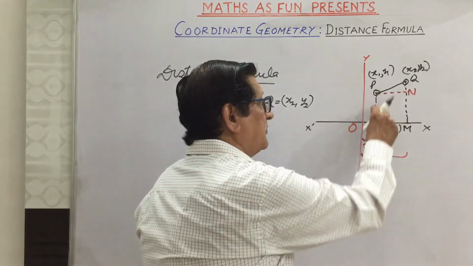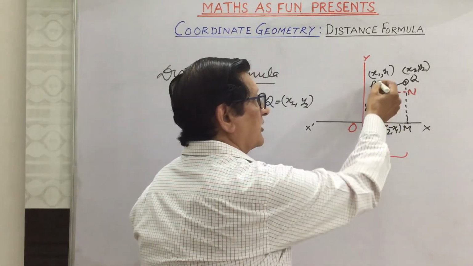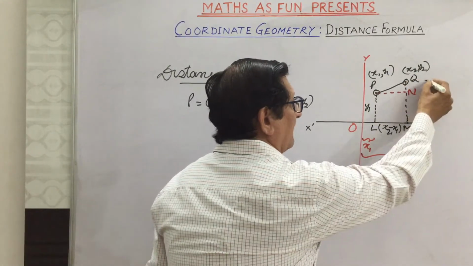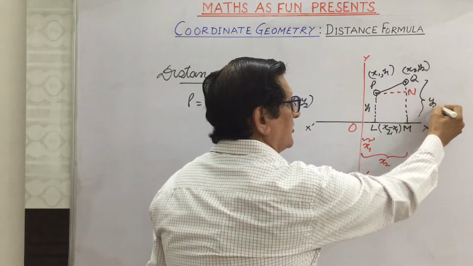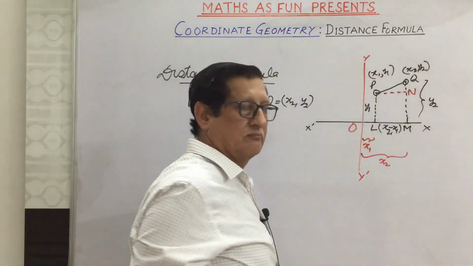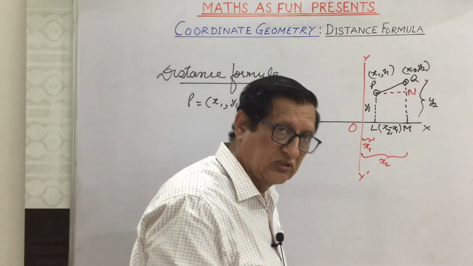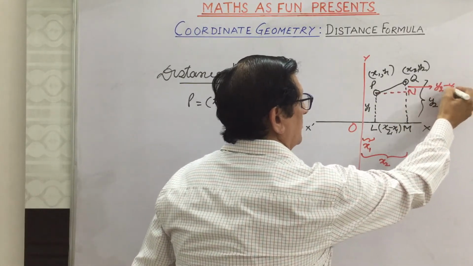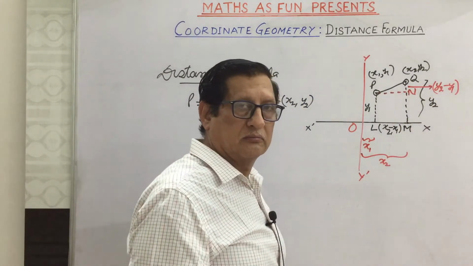Then this distance PL is y coordinate of P, that is y1. And QM will be y2, that is the y coordinate of Q. It means QN will be equal to y2 minus y1.